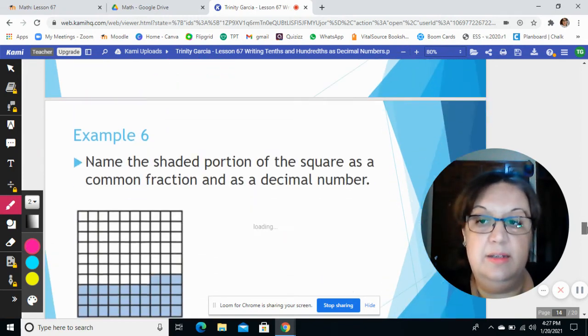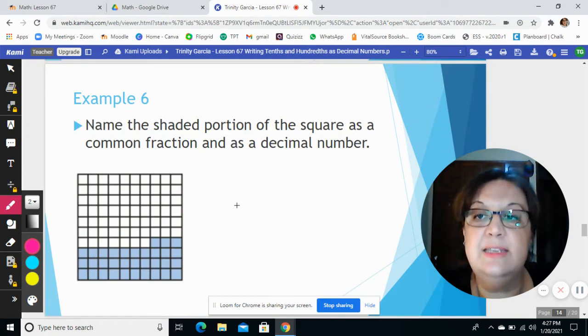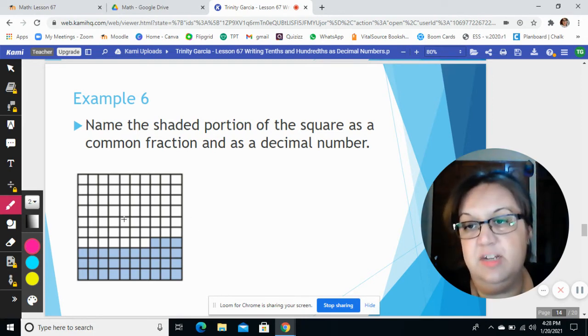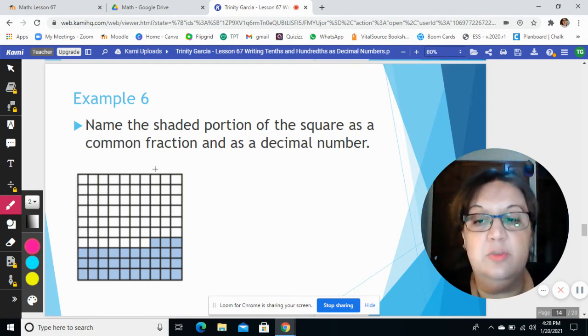All right. Example 6. Name the shaded portion of the square as a common fraction and as a decimal number. Okay, so we're going to assume that there are 100 because remember today they told us we're only working in tenths and hundredths, and we know there's more than 10. So we're going to assume that there are 100 little squares here. Okay, so 100 is our denominator. We know that. So we don't need to count it all up.